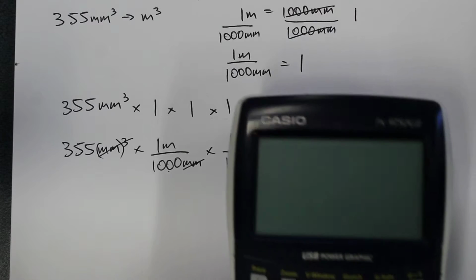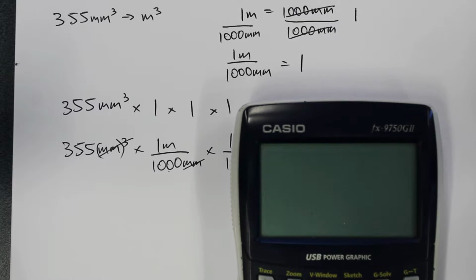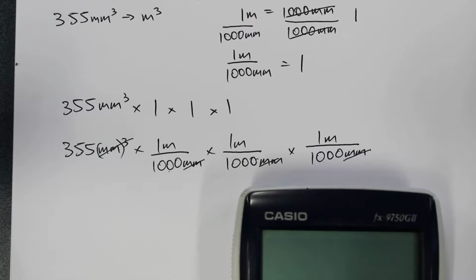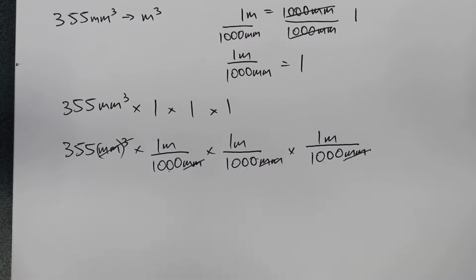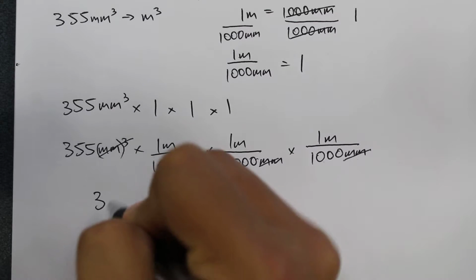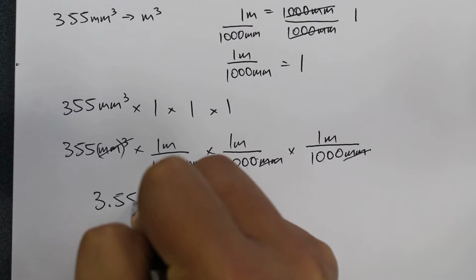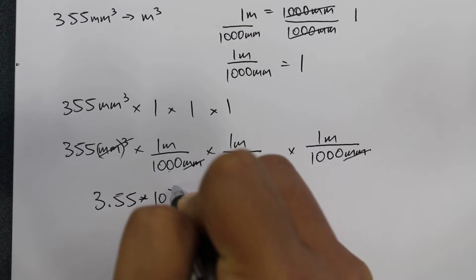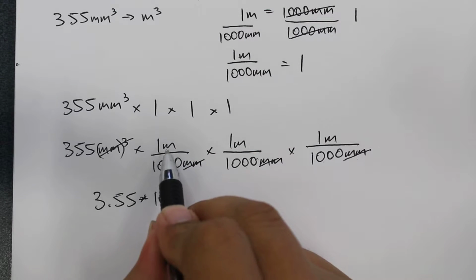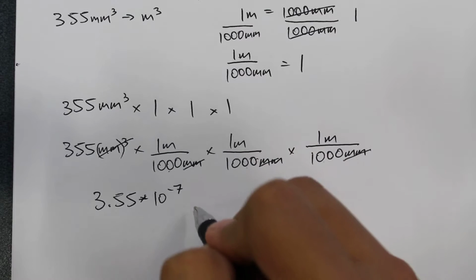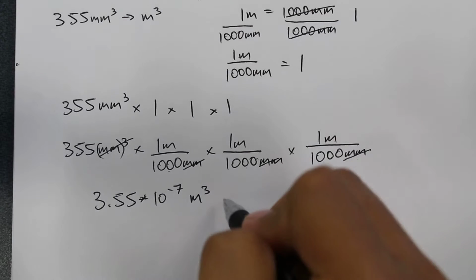Here's my calculator, and we'll write down 355 divided by 1,000 divided by 1,000 and divided by 1,000, and we get 3.55 times 10 to the minus 7. So this is 3.55 times 10 to the minus 7, and the unit will be meters times meters times meters, so meters cubed.